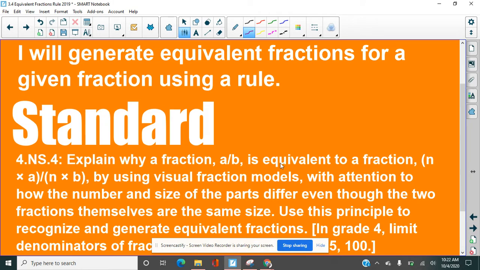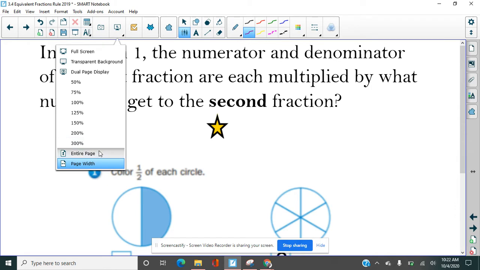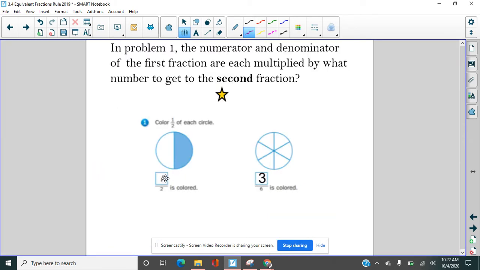But you can see that we do have the word equivalent there in our standard. So in our first problem, we had the numerator and the denominator. And let's look at these: 1 to get to 3 and 2 to get to 6. So I'm going to think, well, what number could I multiply both of those by in order to change this to that?